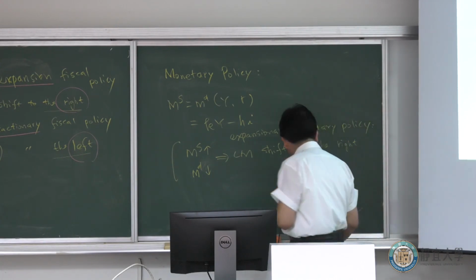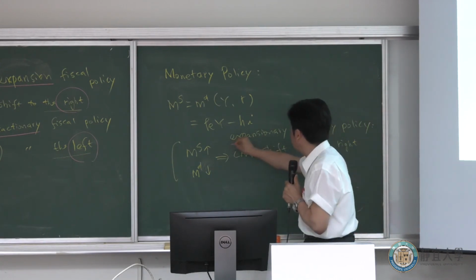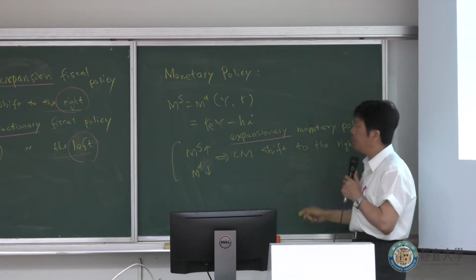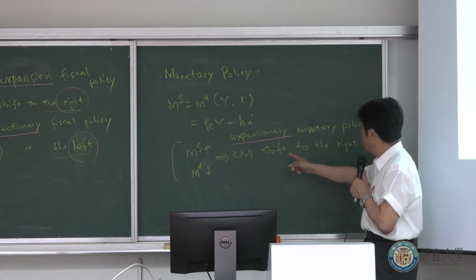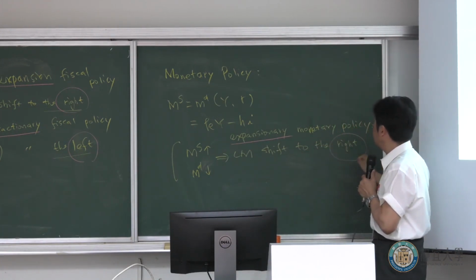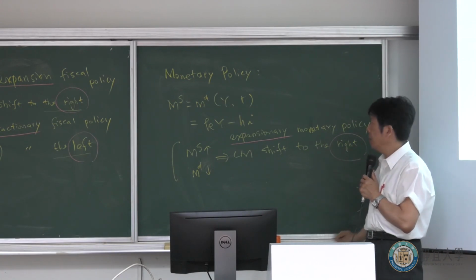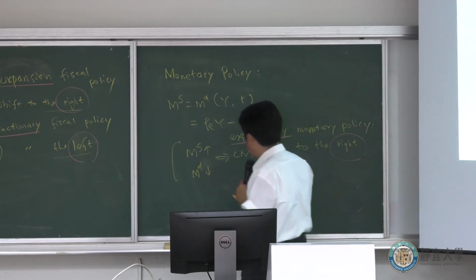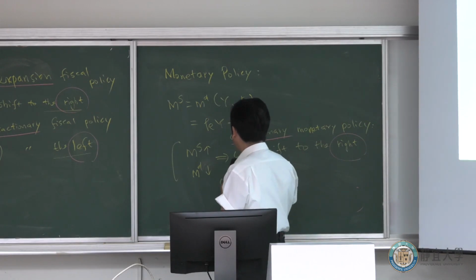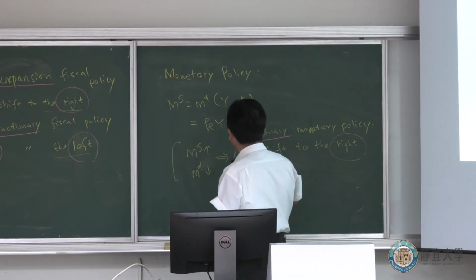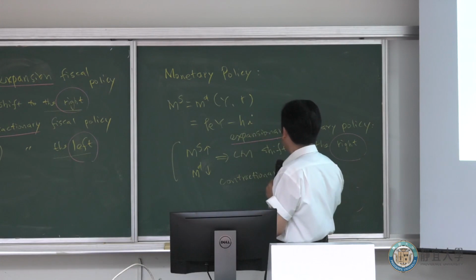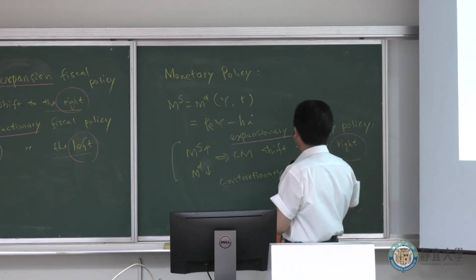So you can remember, expansionary monetary policy lets the LM curve shift to the right. And if this is contractionary monetary policy.